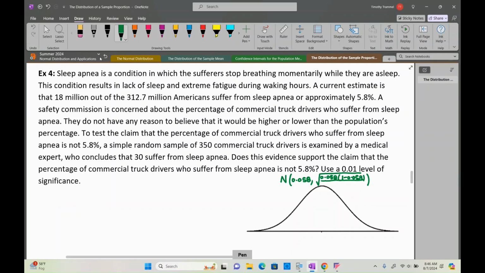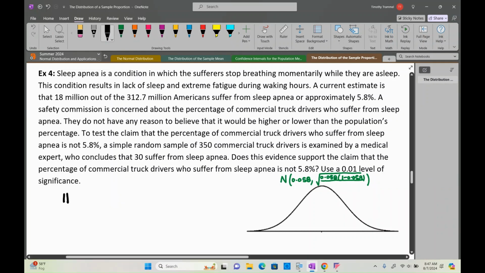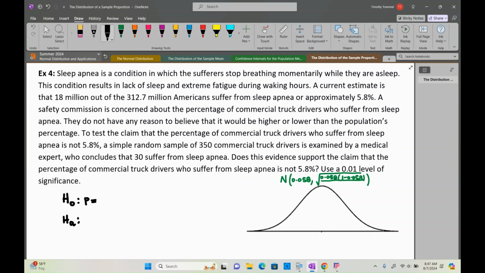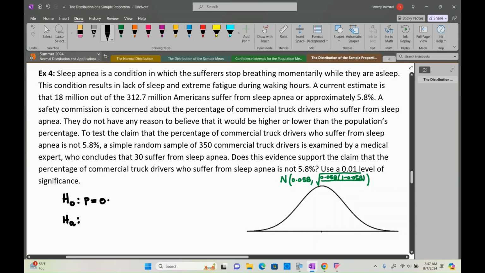But I also want to note, because we did have the population proportion already, we already know that that's going to be what goes in the null hypothesis. Before it was the population mean, now it's going to be the population proportion. So I'm going to write that in here like this.